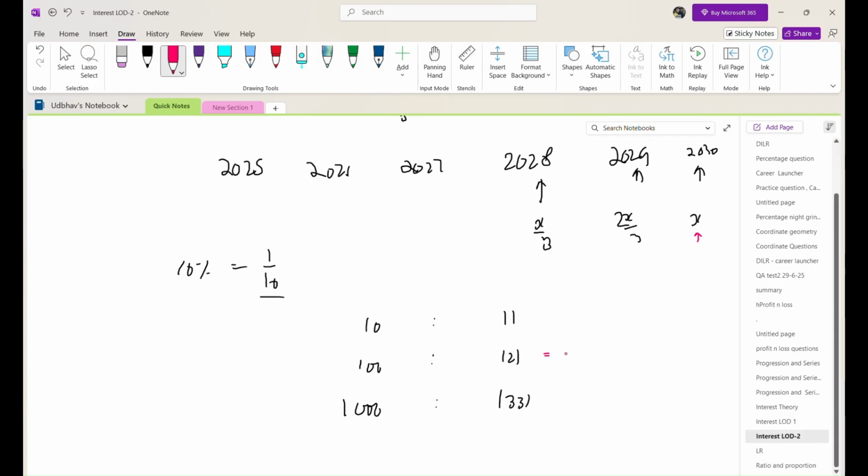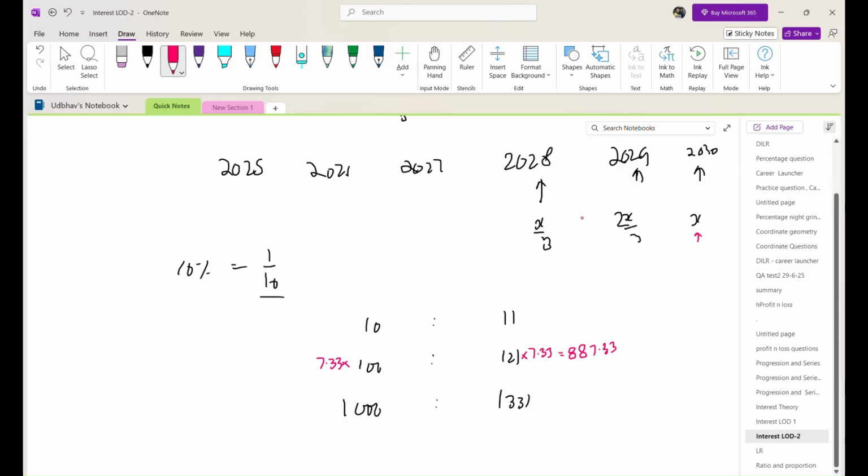So this 121 should equal 887.33. By what number should I multiply 121 to get this? I can divide it by 121. I'll multiply it by 7.33. So I'll have to multiply 7.33 here also.